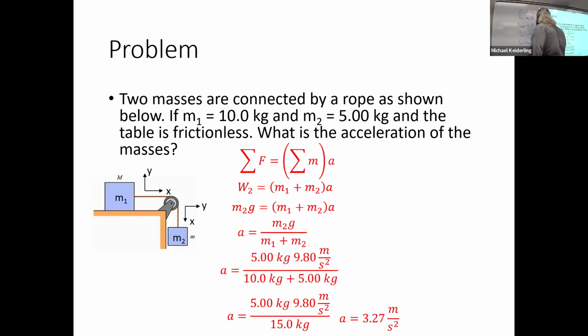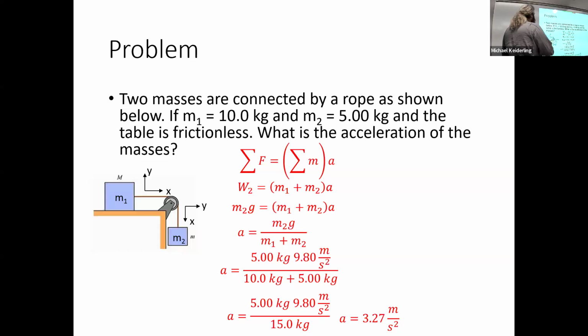we can treat these two connected objects as a single system with an acceleration and some forces on it. The net force on all the masses equals the total mass times the acceleration.